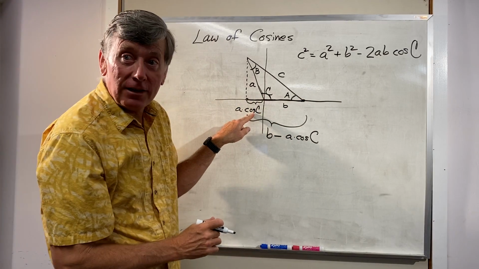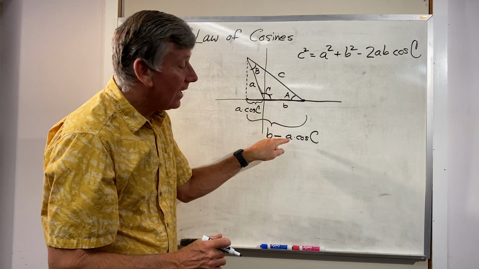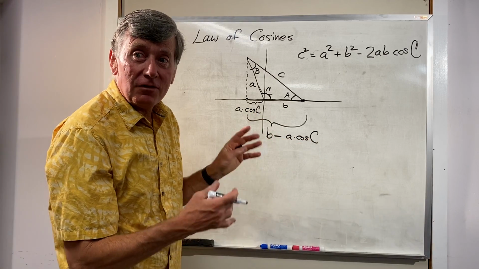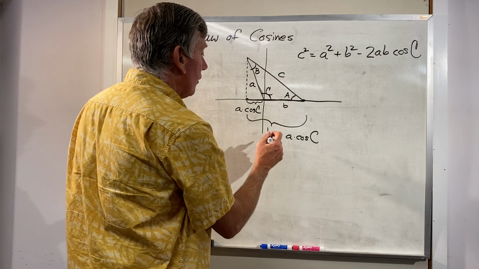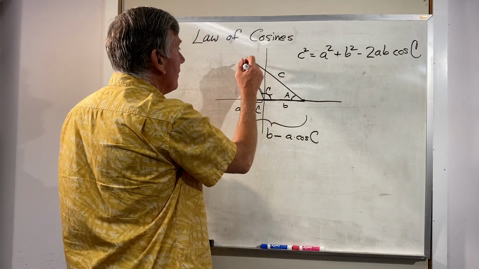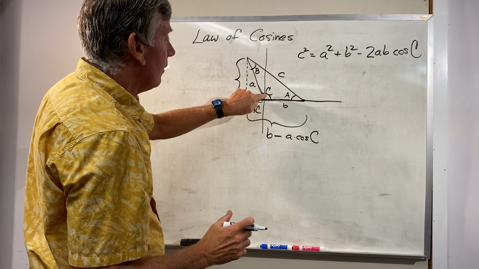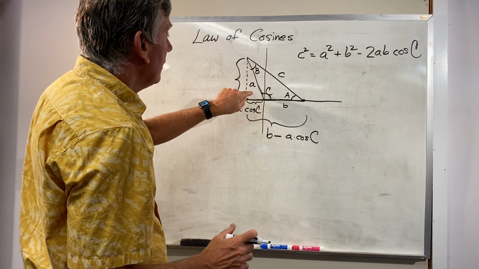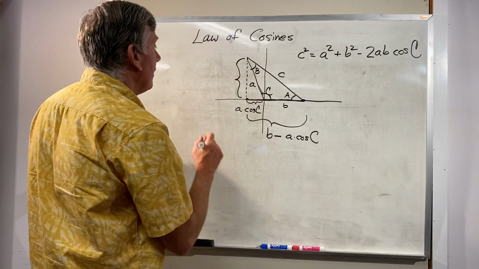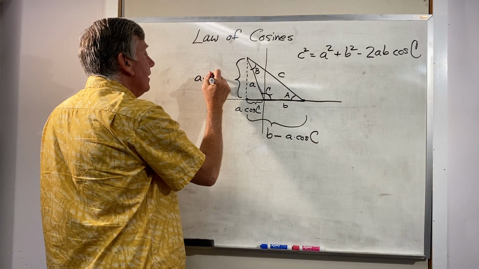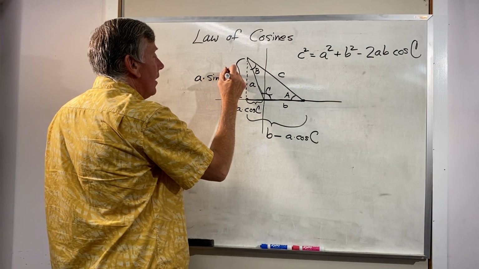If this is a negative, subtracting a negative is going to make it positive and I can add it. So this is B minus A cosine C. This is the y-coordinate of cosine C. It's going to be multiplied times A. That height is A times the sine of C.